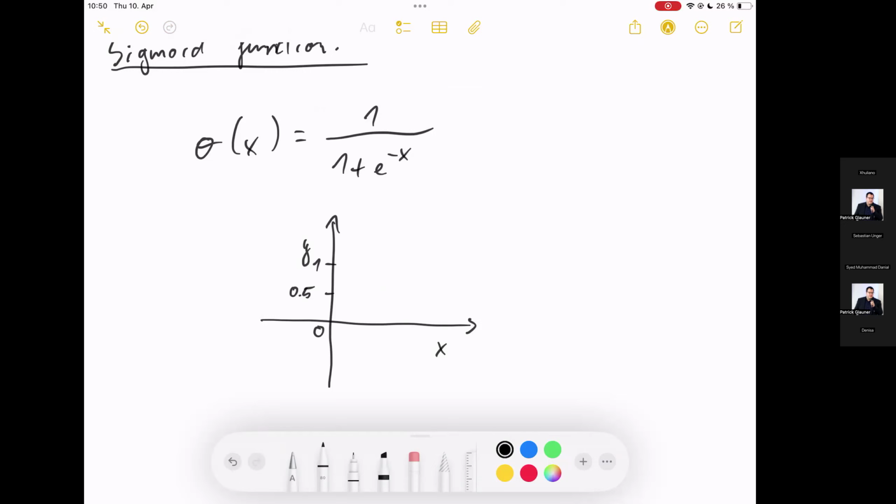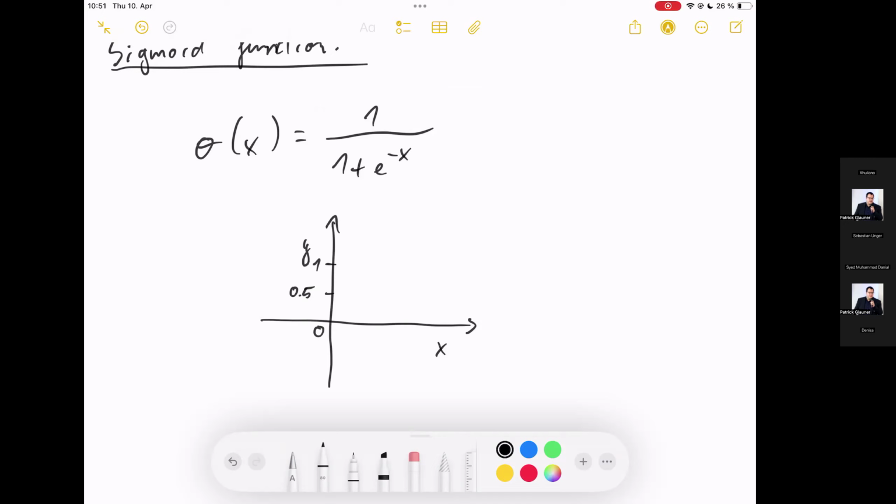If you put in a very, very large positive value for x, then this will converge towards 1. It will not reach 1, but will converge to 1. Because if x gets very large, then e to the power of minus x becomes very, very small, and then 1 divided by 1 plus something very small converges to 1.